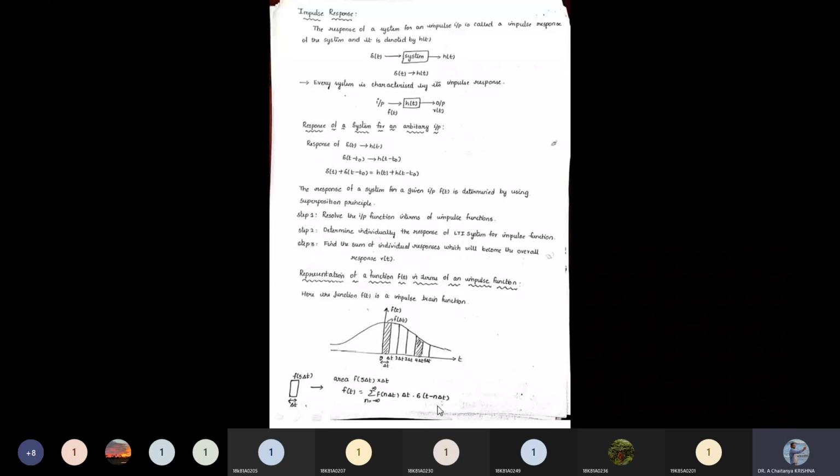Whatever function we multiply it with becomes an impulse function. So we convert any function into pulses, and now that we transmit impulse functions, we have to find the response for each and every function.